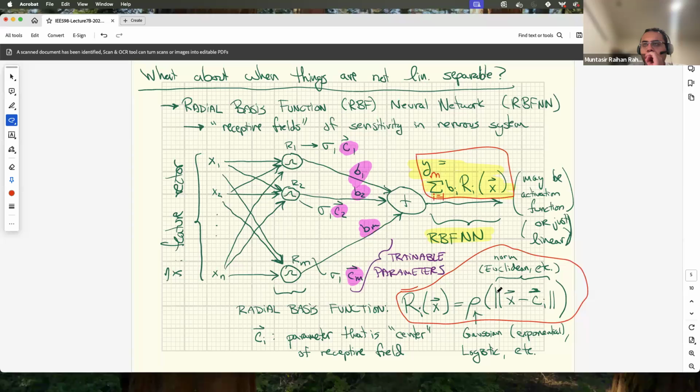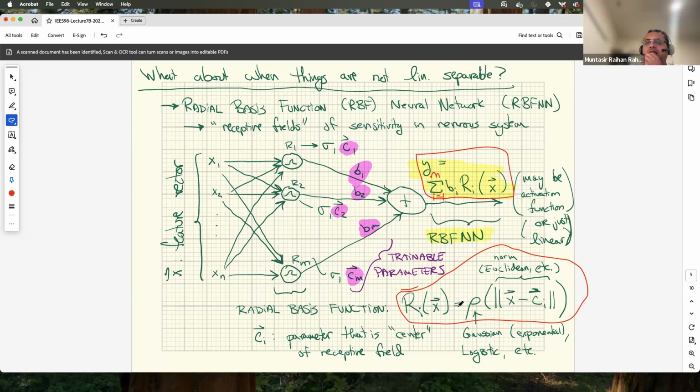And then once we have the distance, we use some sort of Gaussian or exponential function to find a mapping from the input to a distance, such that if your input vector is close to one of these centers, and we'll look at a visualization in the next slide, then basically this neuron fires.